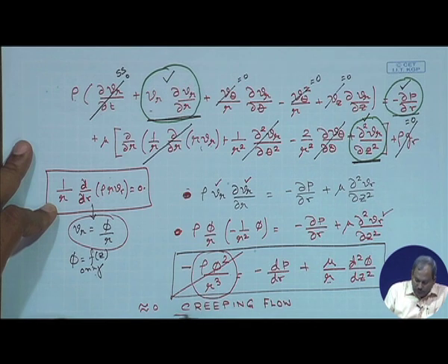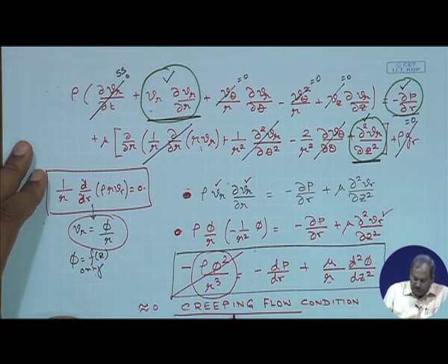So, this creeping flow condition, as the name suggests, is a very slow flow. The convective transport is small, but the viscous transport may not be small. When this term is equal to 0, that is known as the creeping flow condition.